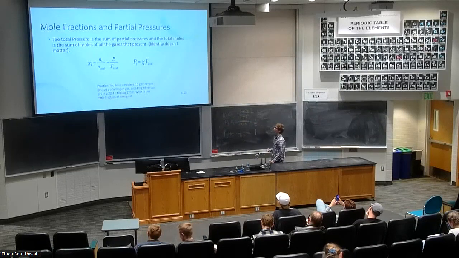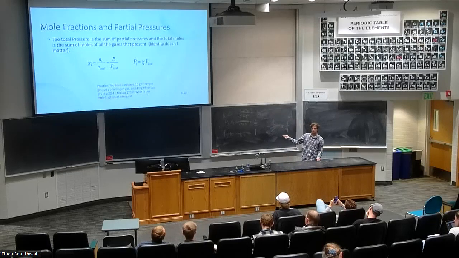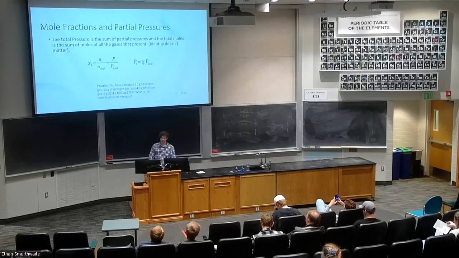What are we looking for? We're looking for the mole fraction of nitrogen. 1/2 over 2 equals 1/4. So it was 0.25. My bad. I'll fix it when I put it online.